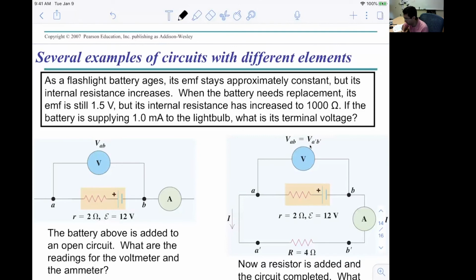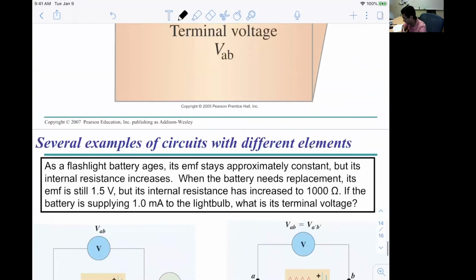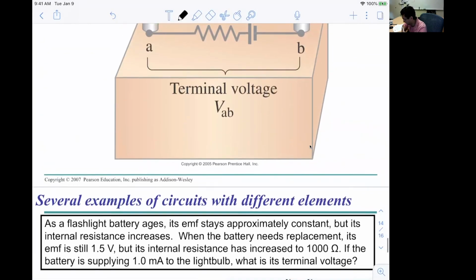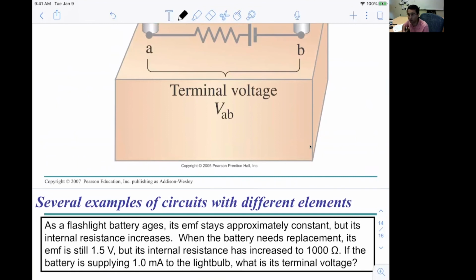If the battery is supplying 1 milliamp to the light bulb, what's the terminal voltage? Don't look at the figures, this question is separate. This is the first example we will solve.